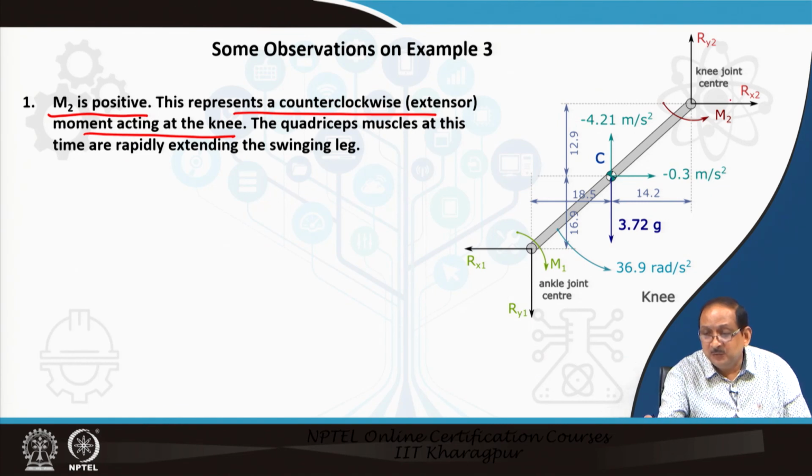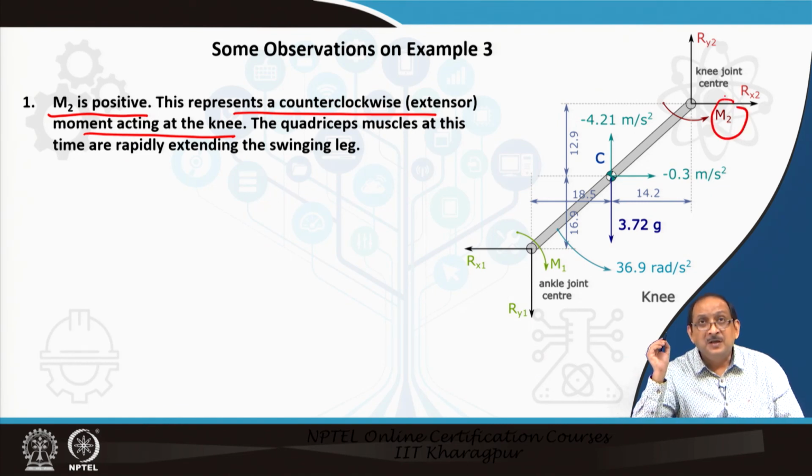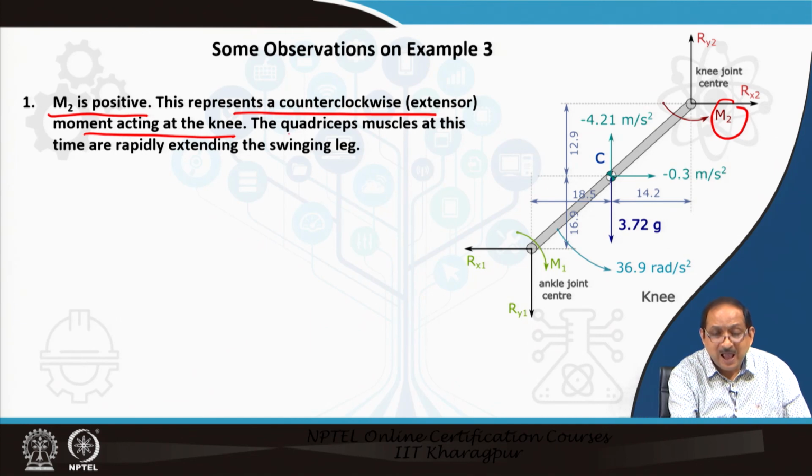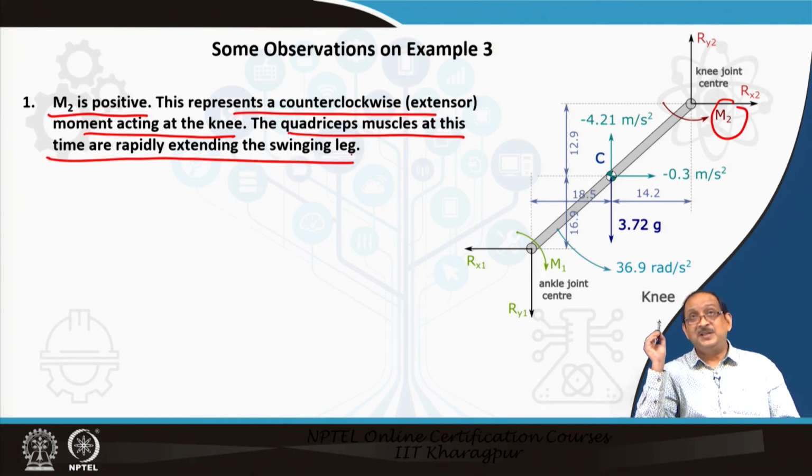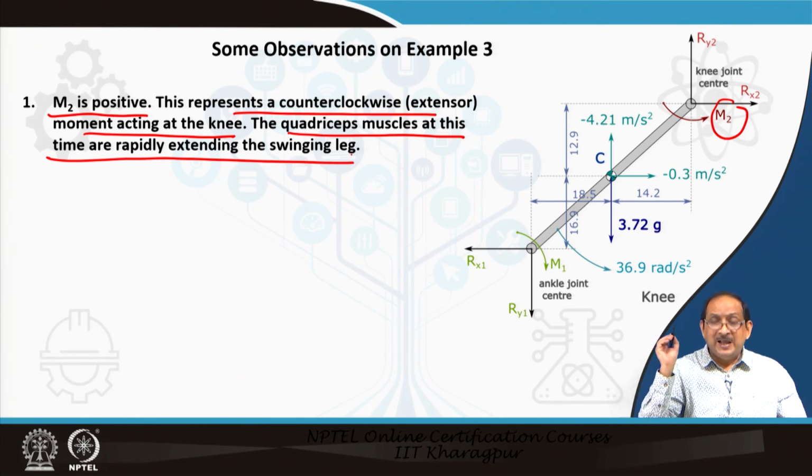So, this M2 is positive and it is anti-clockwise, so it is trying to extend the knee. The quadriceps muscles at this time are rapidly extending the swinging leg. This is the physical interpretation of this time instant or the configuration of this problem.